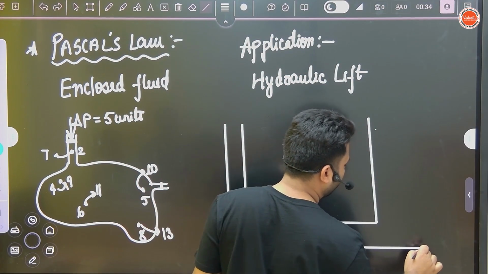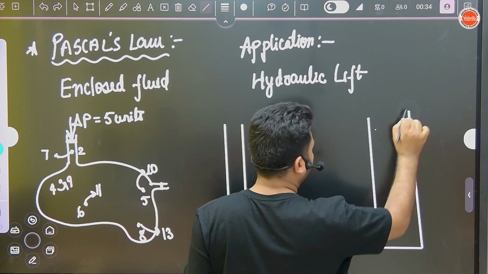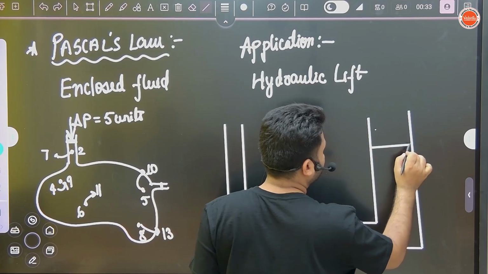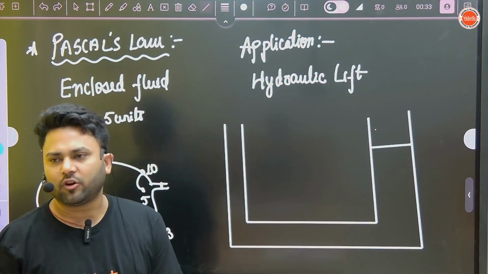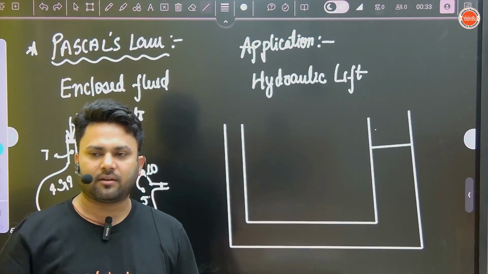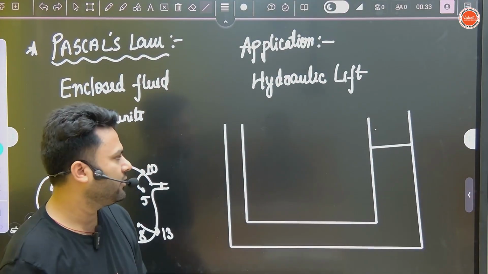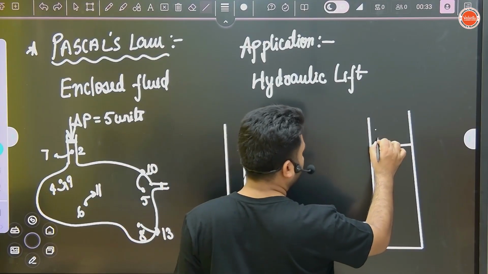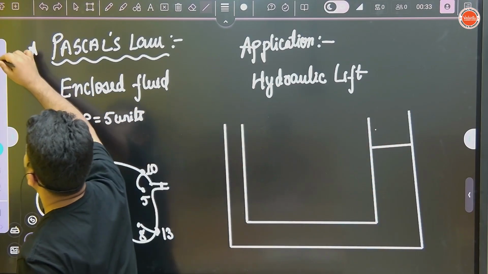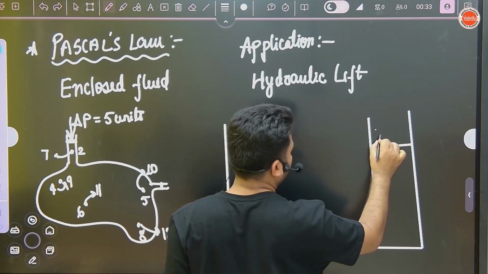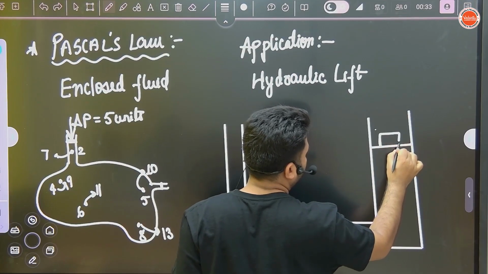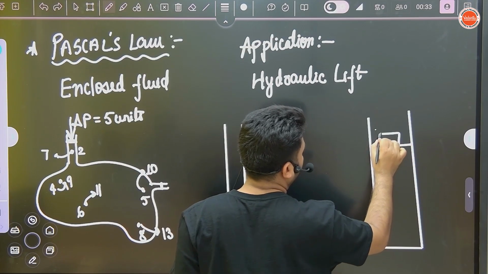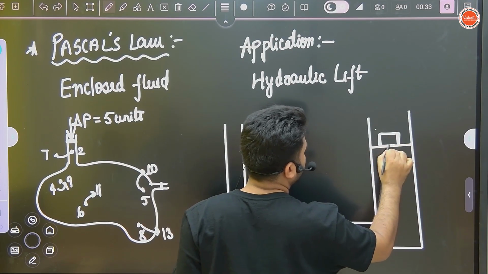So what is a hydraulic lift? We want to lift a car. We give our car for washing, and they lift the car. The car is very heavy. We use this Pascal's law to lift the car. Suppose this is the car. Although it is looking like a bus, but try to manage.